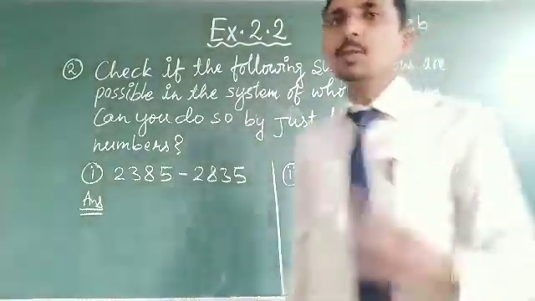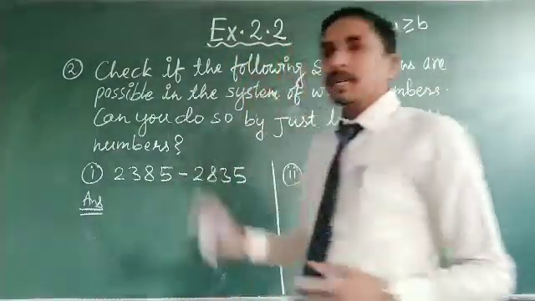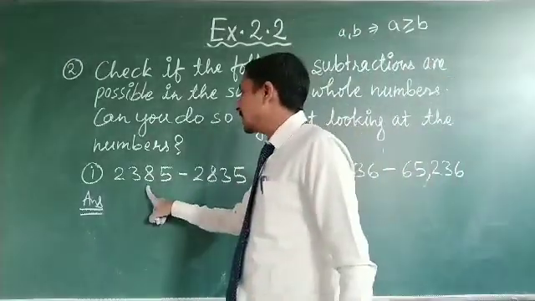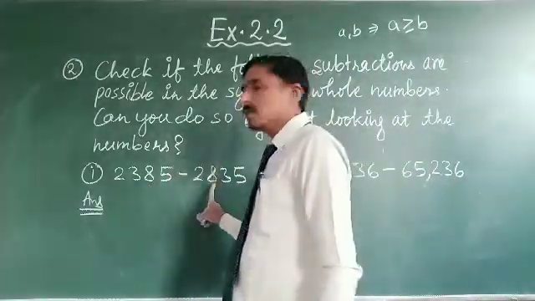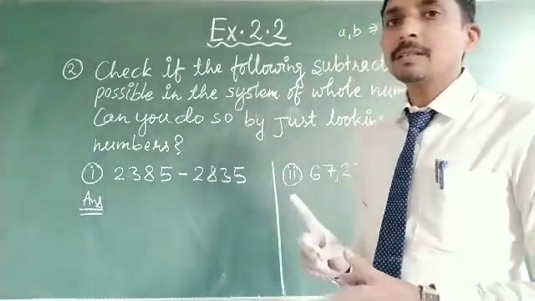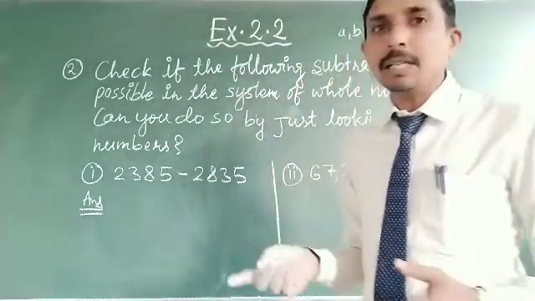That means if two numbers are given, then the subtraction is only possible when the first number is greater than or equal to the second number. If the first number is greater than the second number, then we can easily subtract.